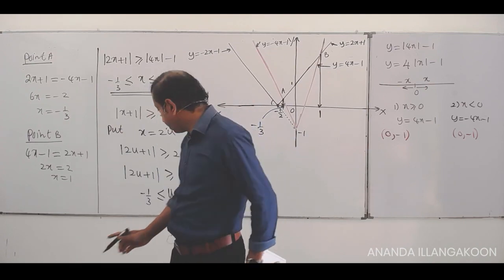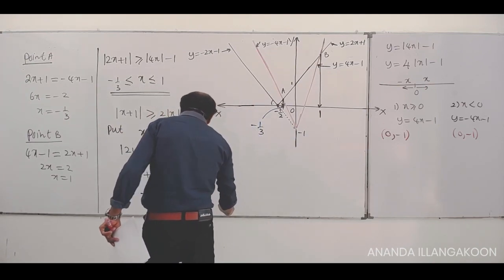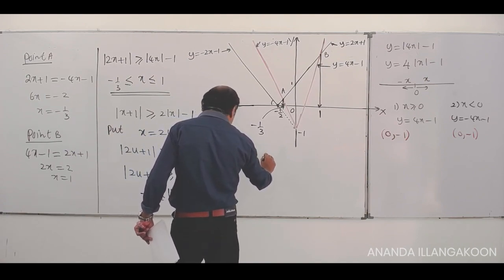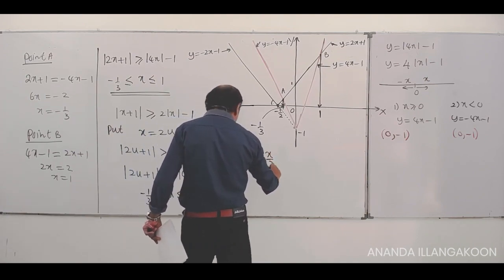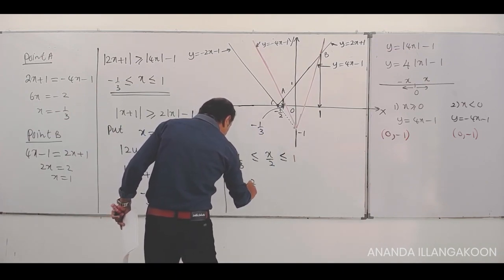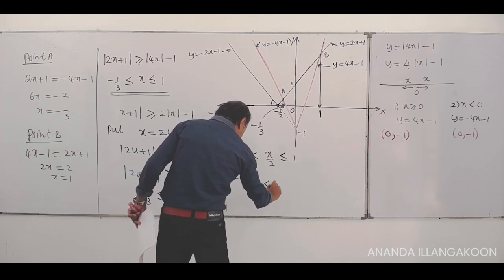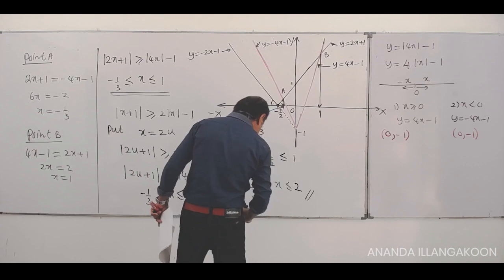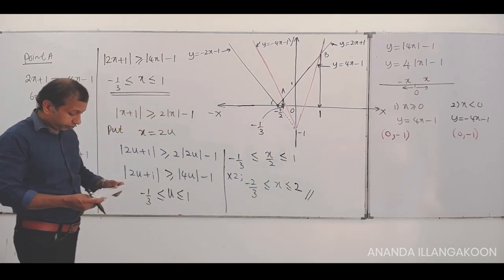That's how we deduce it. Minus 1/3 less than or equal to x by 2 means minus 2/3 less than or equal to x, less than or equal to 1 multiplied by 2, which is 2. This is how we take the answer. Correct.